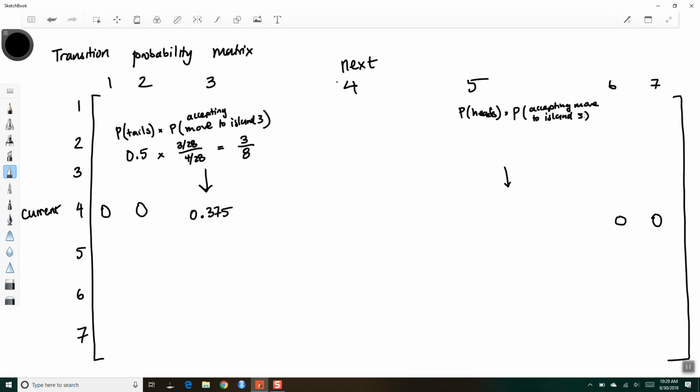What's the probability of accepting the move to island 5? 1, right? If we propose island 5, we're going to move with probability 1. So this is 0.5 times 1. We will end up at island 5 with probability 0.5.